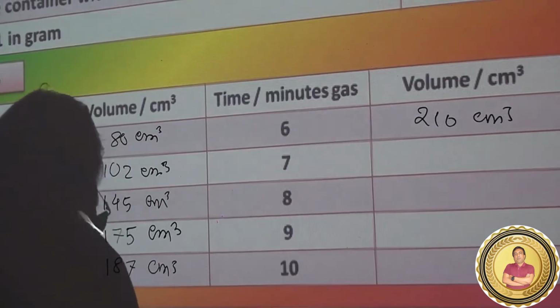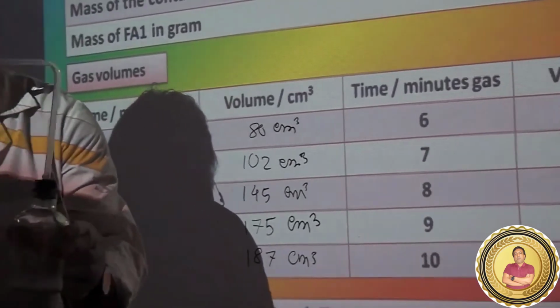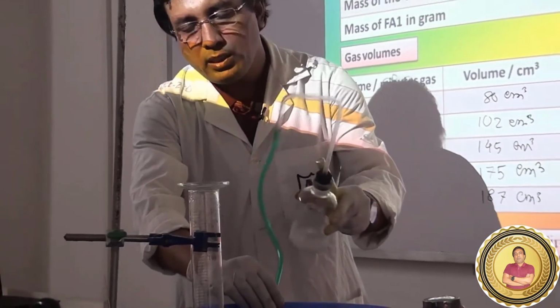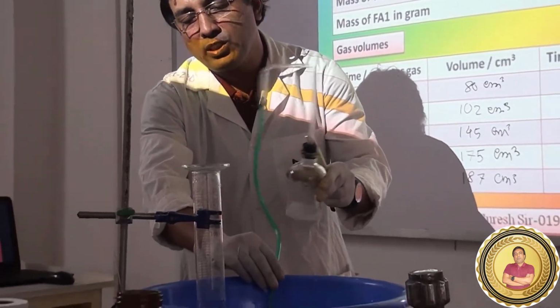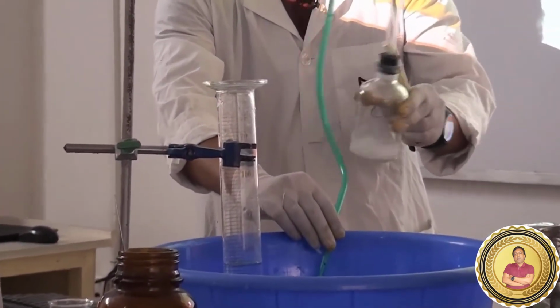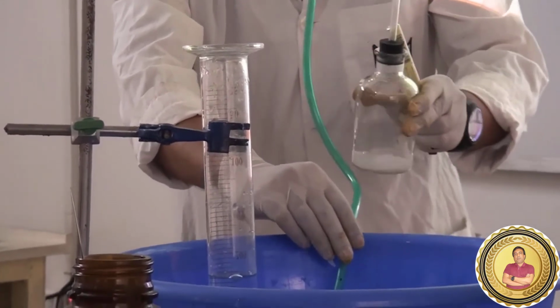We have to take more readings. Look at this, gas is still evolving, that is, gas is being collected, gas is evolving from the system. So we have to wait up to 10 minutes.